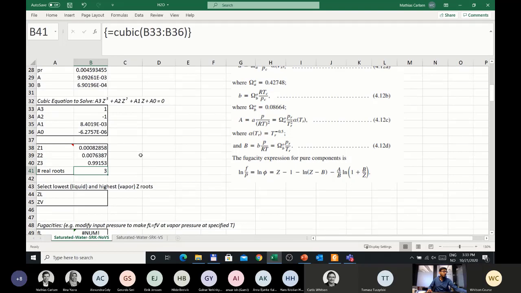We take this Z1 as the liquid phase root, we discard the middle root, and the other one, this number here, is the gas phase, the vapor phase root.